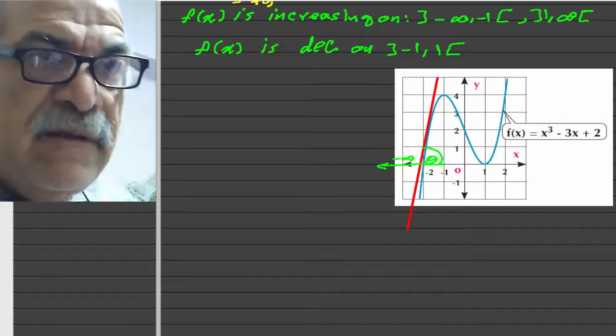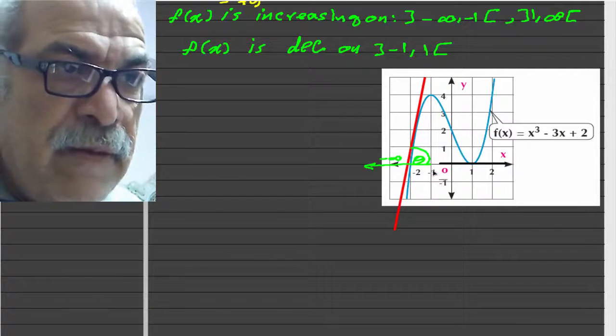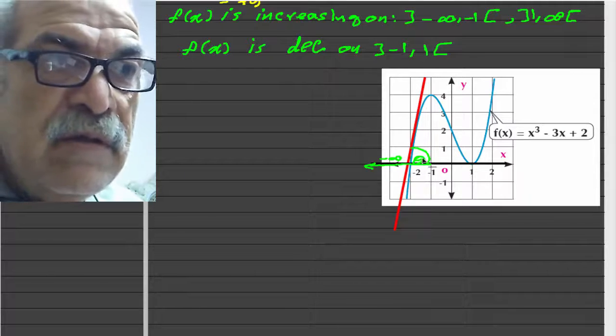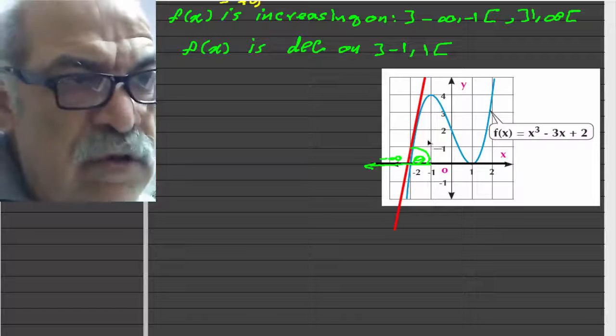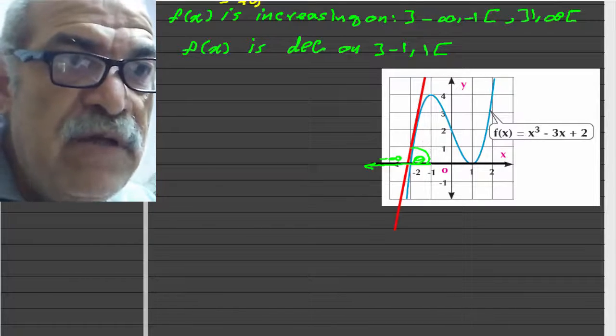The angle theta with the positive direction of the x-axis is acute, and also the slope of this tangent is positive.